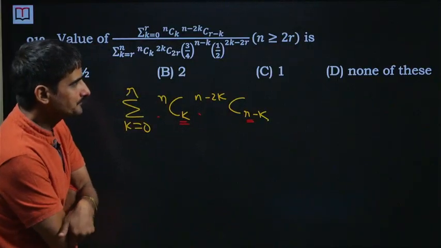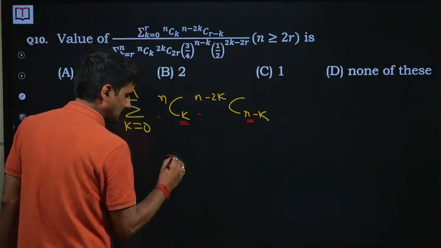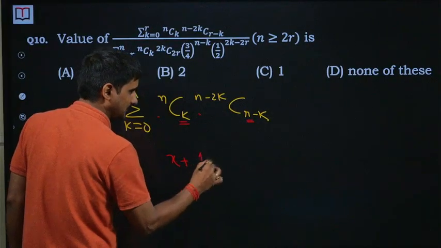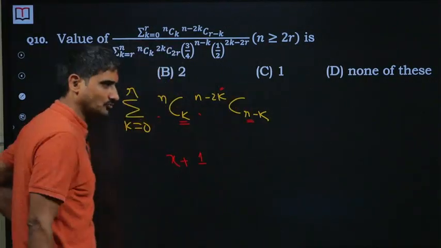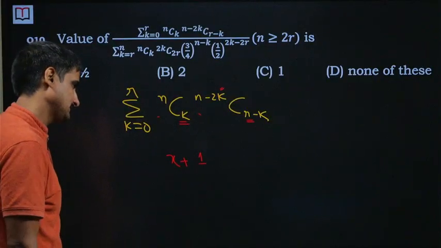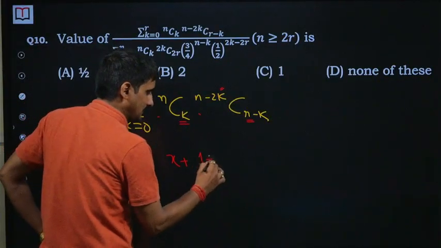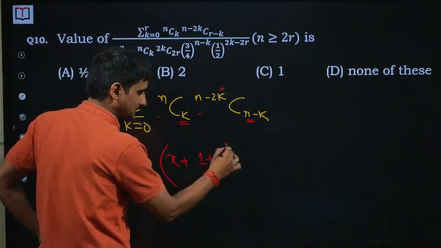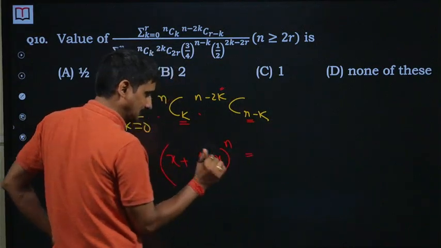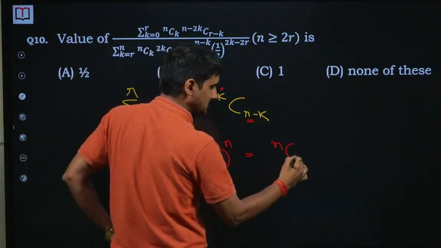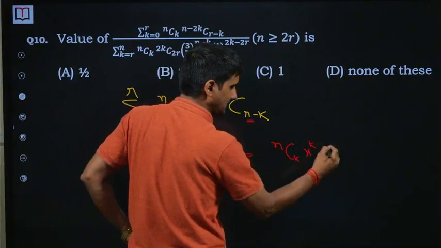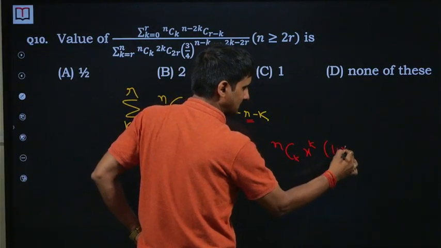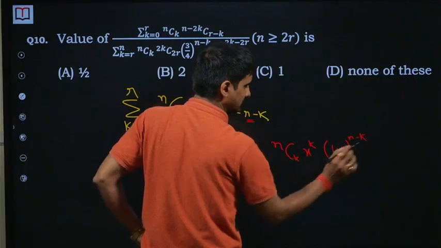Since the difference is 2 every time, if I go for x plus 1 plus x raised to the power n, the general term will be nCk x raised to the power k, and 1 plus x raised to the power n minus k.